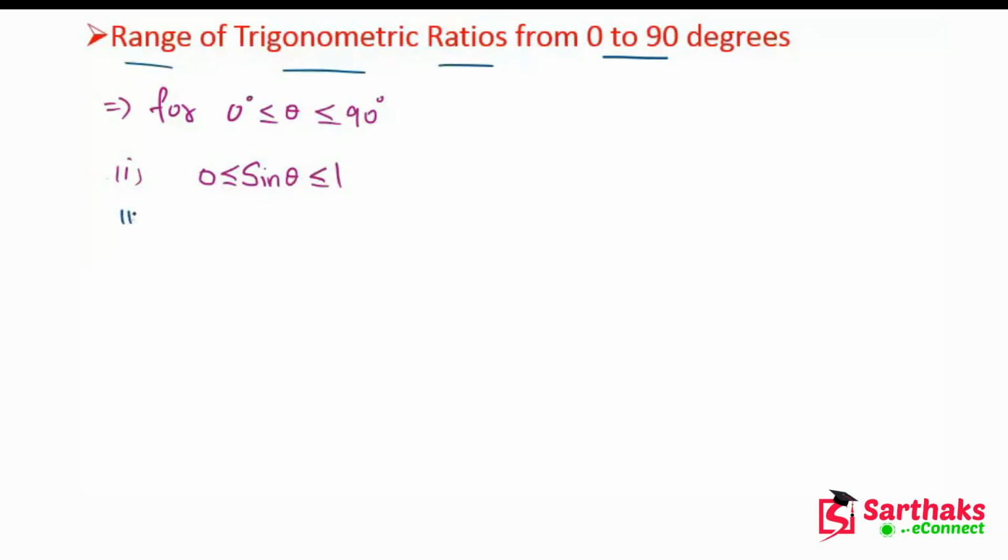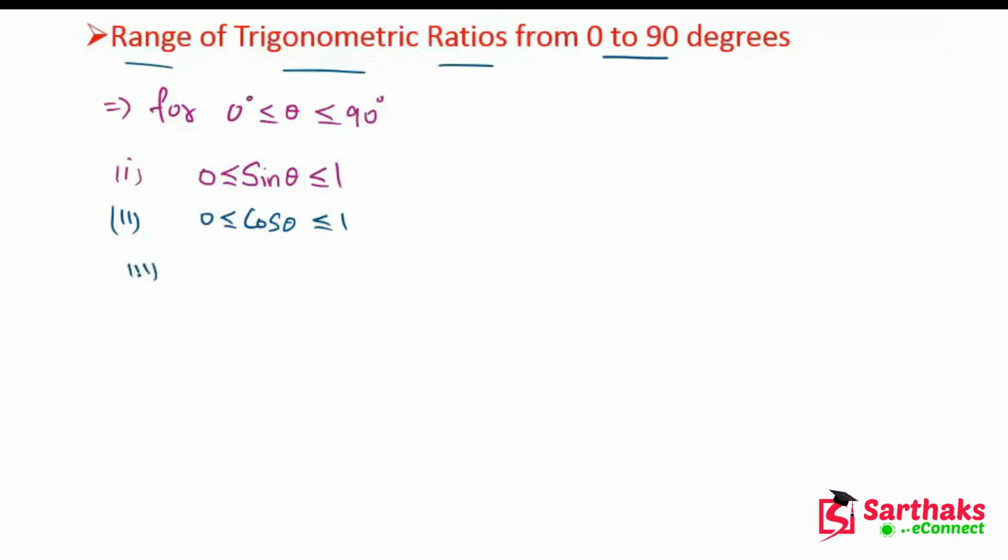If we talk about the range of cos theta, it is also greater than or equal to 0 but less than or equal to 1.